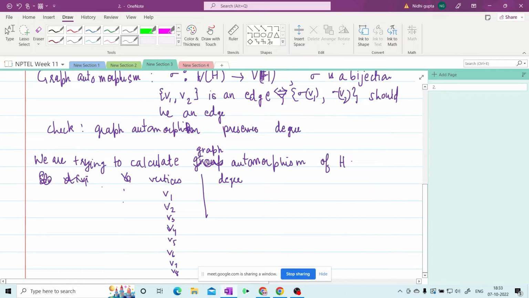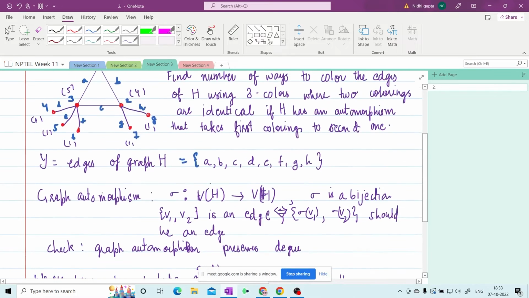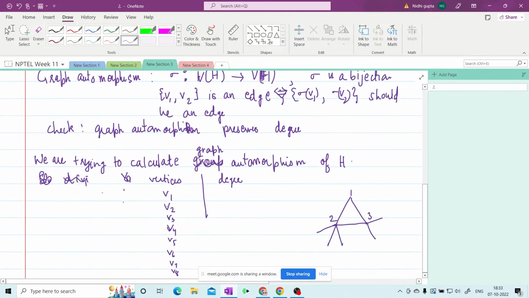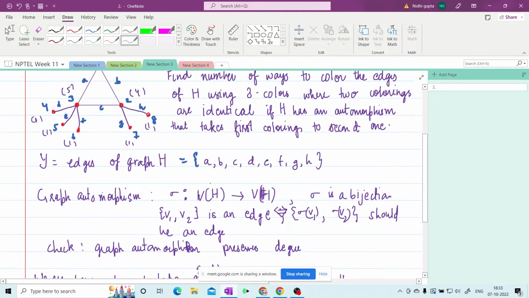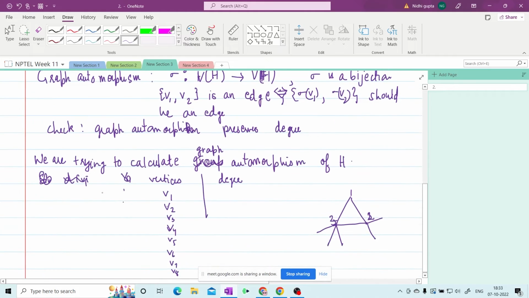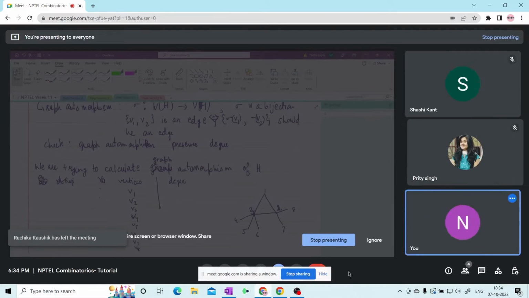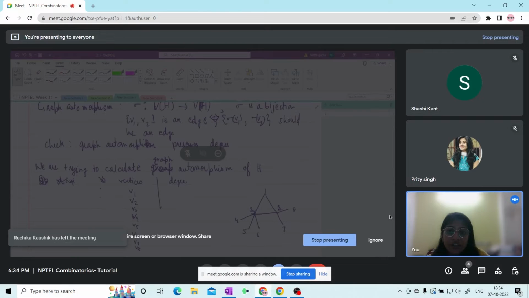So this is this graph basically. One, two, three, 4, 5, 6, 7.